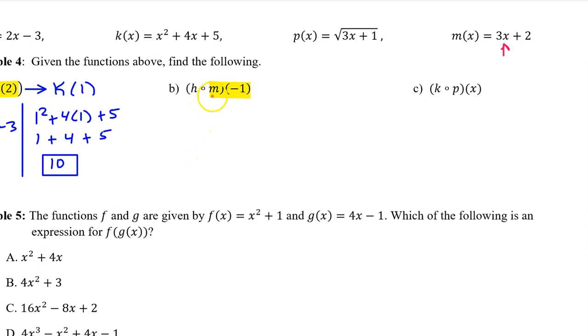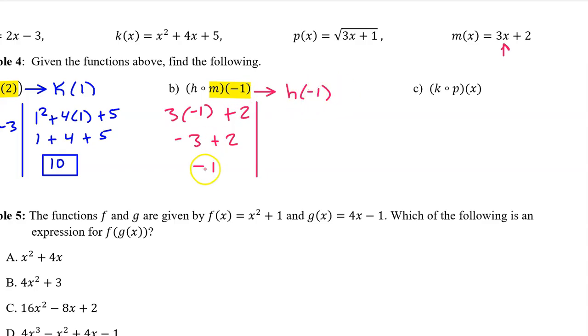For part B, we begin with m at negative 1. So plugging negative 1 into function m gives us 3 times negative 1 plus 2. That's negative 3 plus 2, which is negative 1. So h of m at negative 1 becomes h at negative 1.